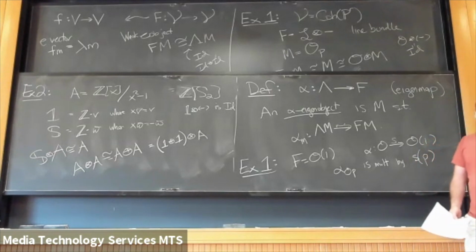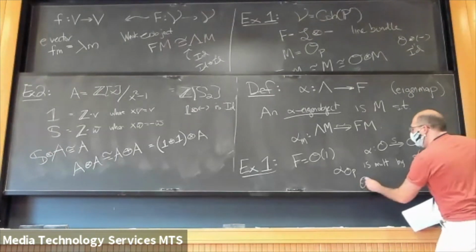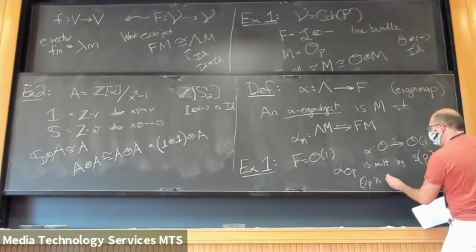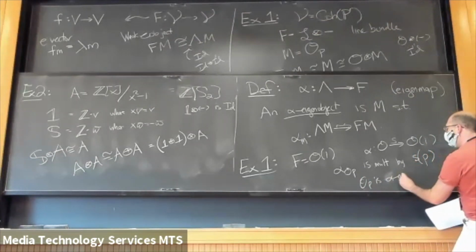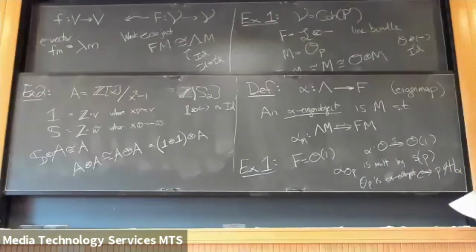And for this to be an isomorphism, we need this to be non-zero. Okay, so O_P is an alpha eigenobject if and only if P is not in the hyperplane of things killed by the section.